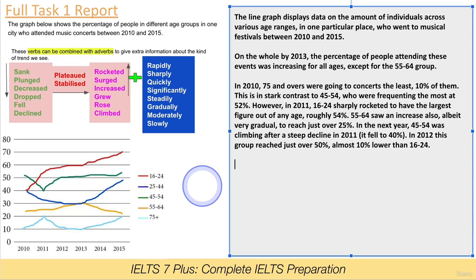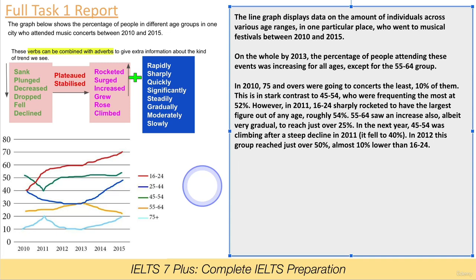Okay, let's read this back and see how we're doing. In 2010, 75 and overs were going to concerts at least, 10% of them. This is in stark contrast to 45 to 54, who were frequenting the most at 52%. However, in 2011, 16 to 24 sharply rocketed to have the largest figure out of any age, roughly 54%. 55 to 64 saw an increase also, albeit very, very gradual, to reach just over 25%.